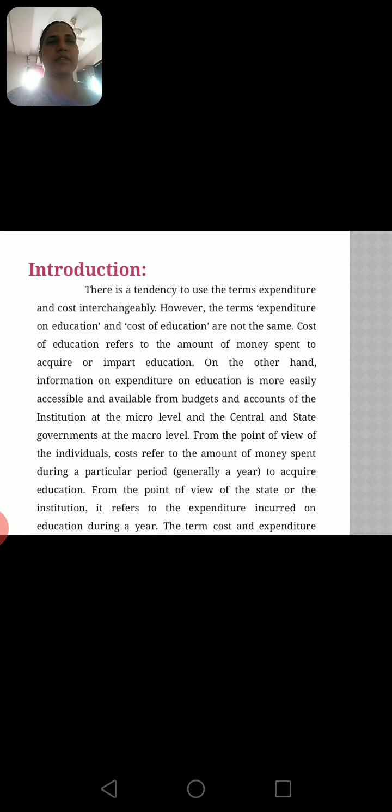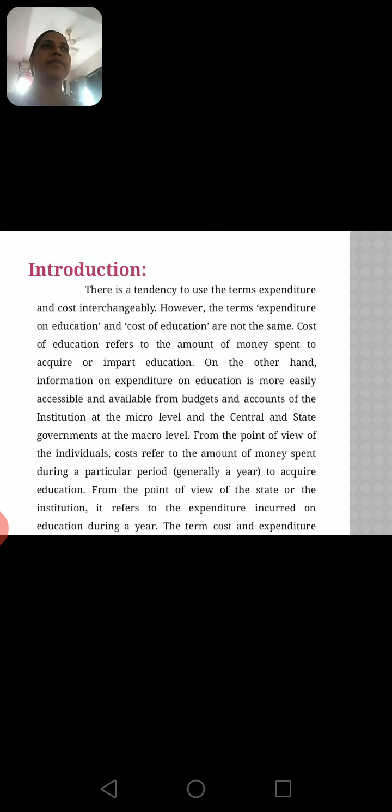The terms cost and expenditure are used interchangeably, but more popularly, we use the term cost, and it refers to cost per student pertaining to a particular level, that is primary, secondary, higher secondary, or university.